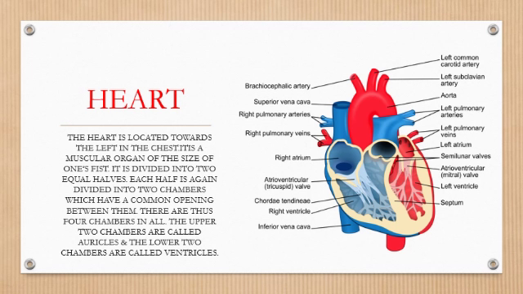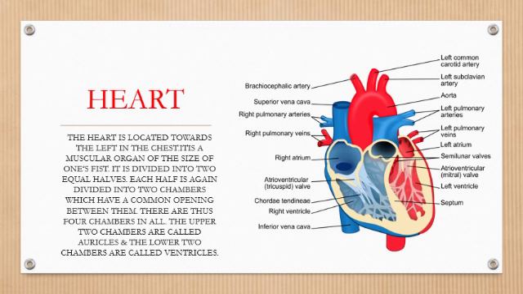Fist means when you fold the thumb and fold the remaining four fingers, this becomes the fist. So the size of the heart is equal to one's fist, and it is divided into two equal halves, and each half consists of two chambers.